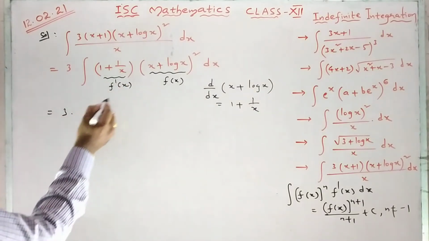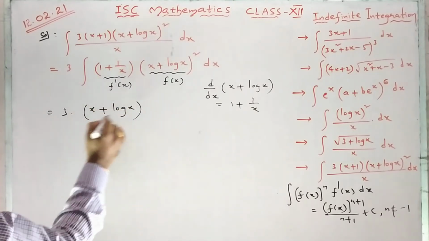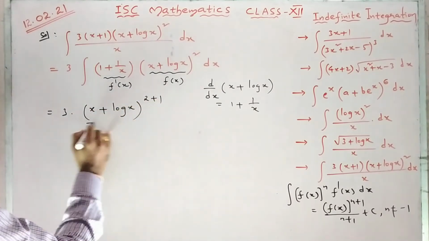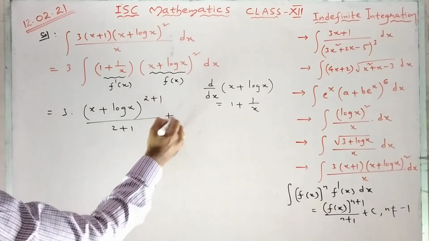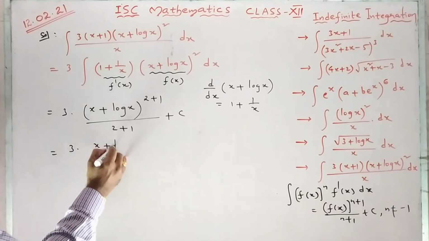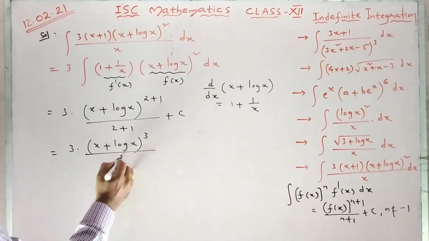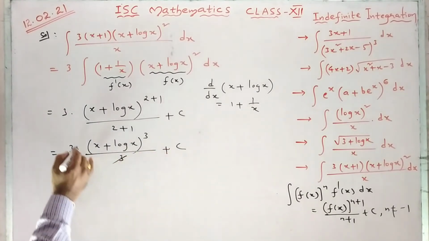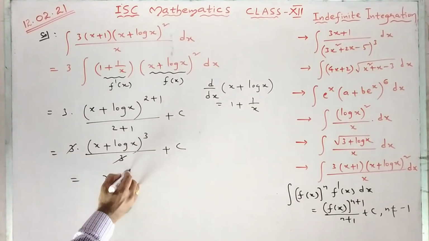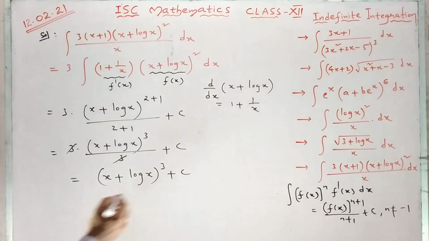So 3 times f of x whole to the power n plus 1 upon n plus 1 plus c. So 3 times (x plus log x) whole to the power 3 upon 3 plus c. 3 gets cancelled. So (x plus log x) whole cube plus c.